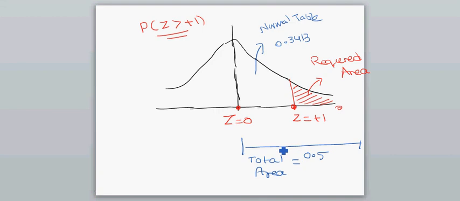Now subtract 0.3413 from 0.5, and you get the required area, which is 0.1587. This is the way we calculate. The last problem can also be done in the same way.